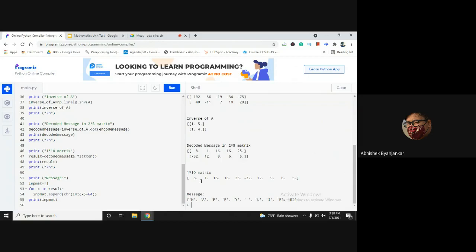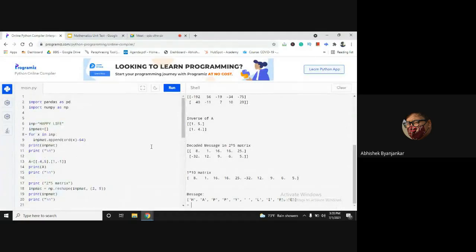So in a straight line, I flattened the code into a 1 by 10 matrix kind of thing, and after that, print message. And if we do that, I used chr of int plus 64, then it is HAPPY LIFE. So this is the code that I did on paper and in programming too. Thank you.